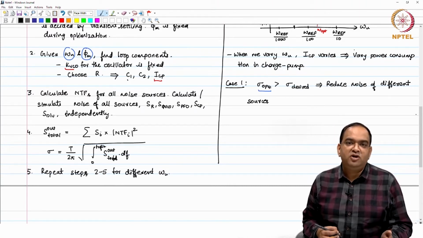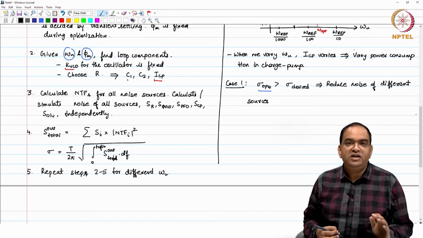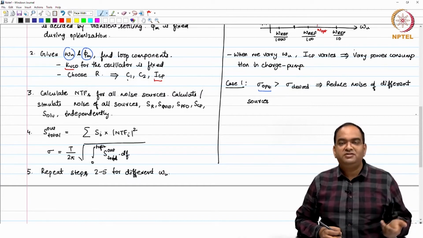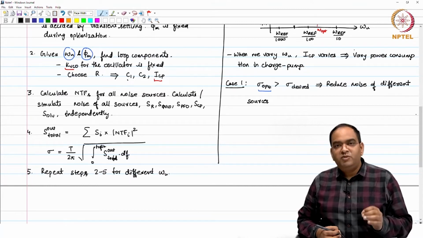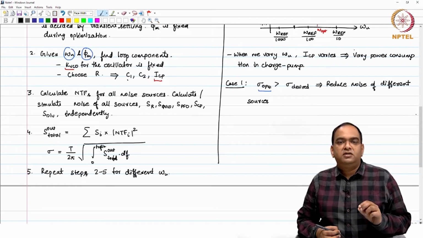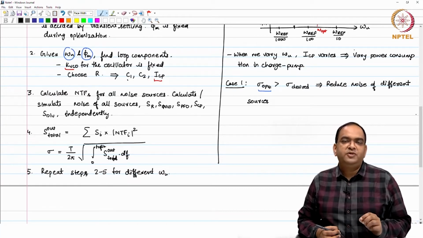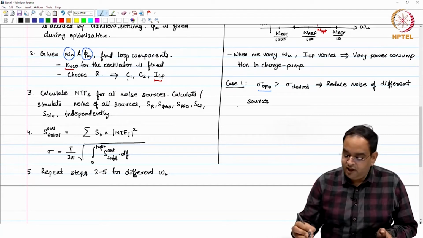You will not change the noise by designing it again. The only way is to increase the sizes of the transistors and consume more current there. But before we take a call on which particular component or which particular noise is dominating, do one thing here.